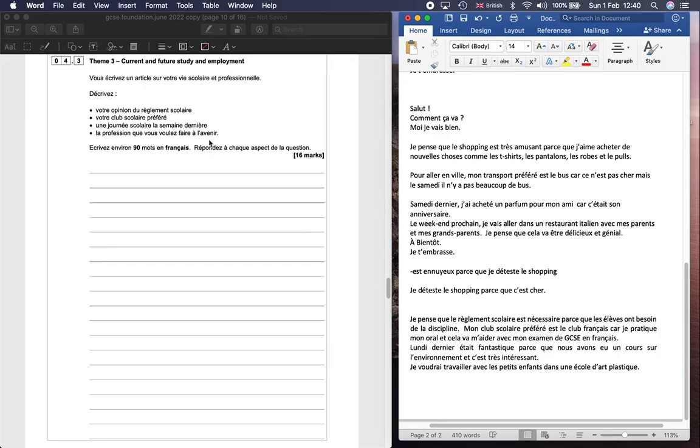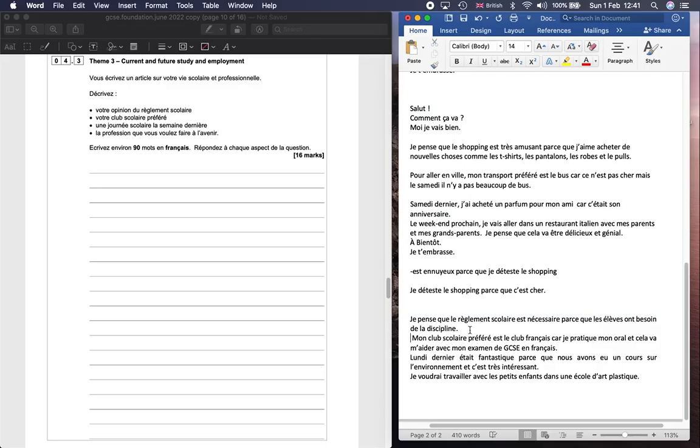So basically they're also testing your present tense, past tense, and future tense. And let's say if we have enough vocabulary, it's 70, so we need to add 30 more words. So the way we're going to do that is basically add a few more opinions about each aspect of this question.